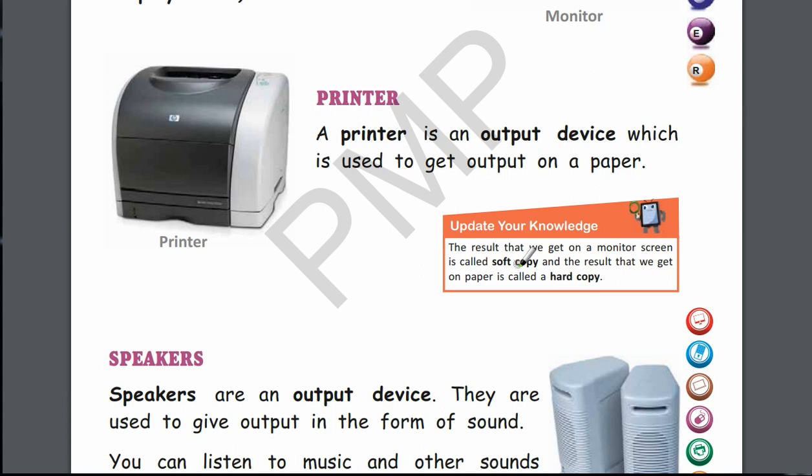Please underline. The result that we get on the monitor, that is what is displayed, is called soft copy. But when the result you get in the form of a printout, what is that called? That is called hard copy.